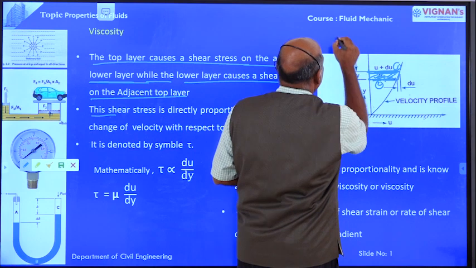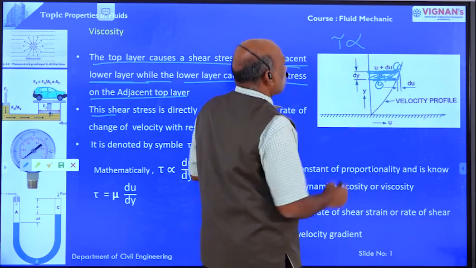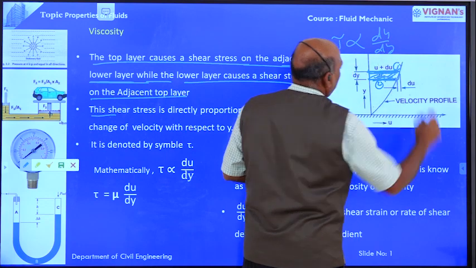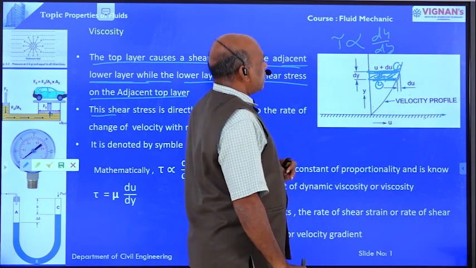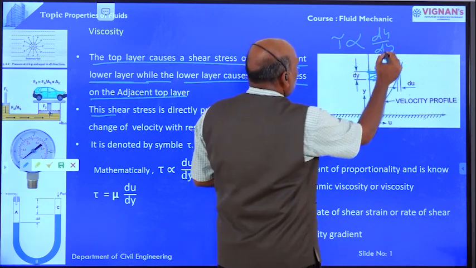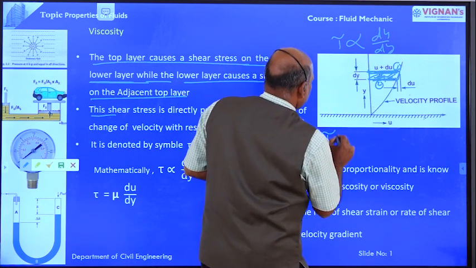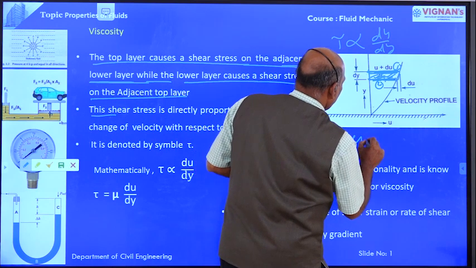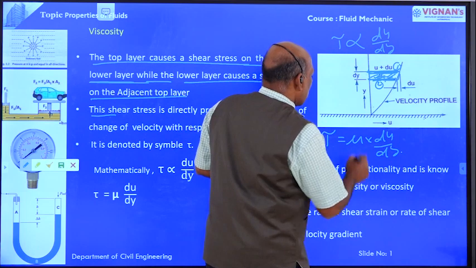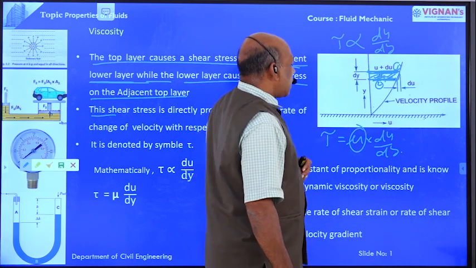The shear stress is directly proportional to the velocity gradient, that is du by dy. Now, the shear stress is equal to mu into du by dy. Here mu is the constant of proportionality.